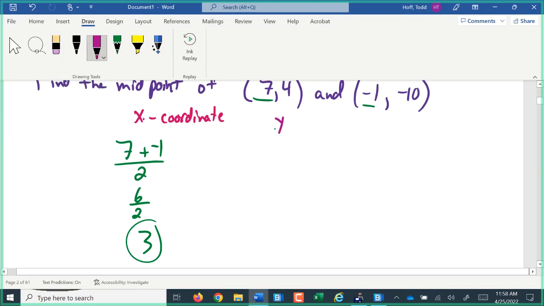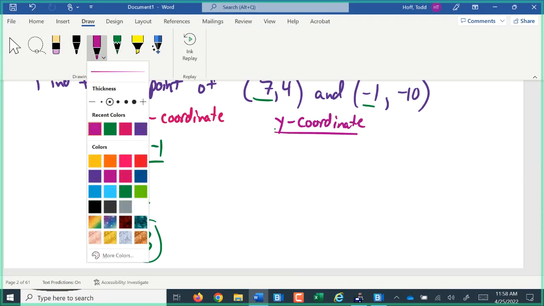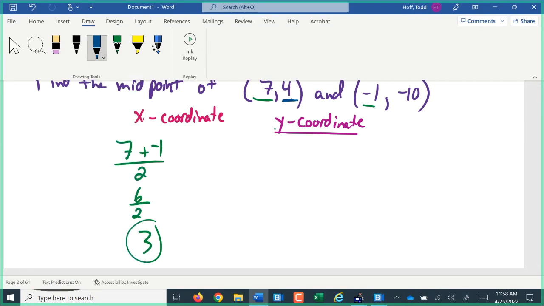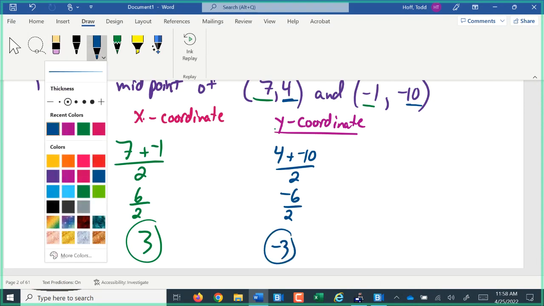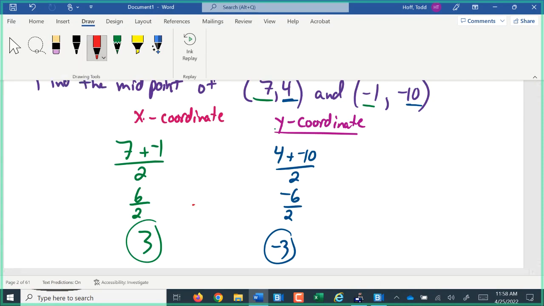My y coordinate then is the average of the y coordinates. So I've got 4 and -10. 4 plus -10 over 2. 4 plus -10 is a -6. -6 divided by 2 is a -3. That is my y coordinate. So the midpoint is at x equals 3 and y equals -3, giving me that ordered pair.